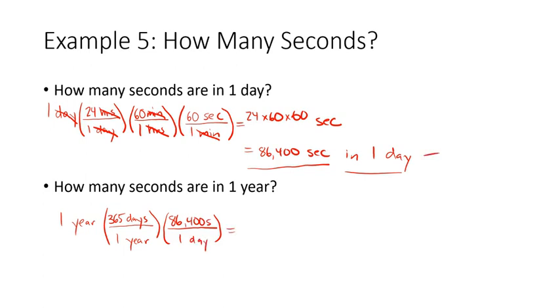And this comes from our previous example. So if we multiply, notice here the units cancel out. 365 times 86,400 is about 31,536,000 seconds.